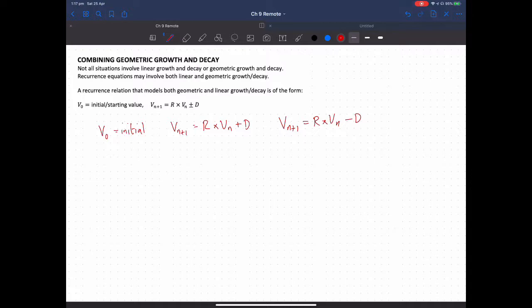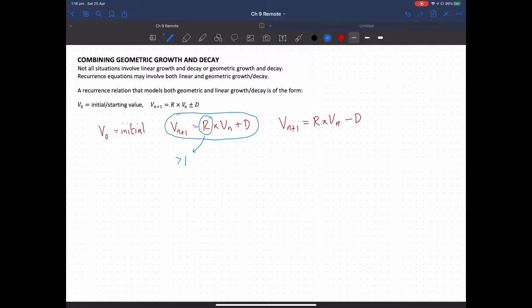Firstly, if we look at the formula Vn plus 1 equals R times Vn plus D. R is what we were using for our geometric growth factor. So we know if R was equal to 1, multiplying anything by 1 doesn't change it. But if R was bigger than 1, we know that that is increasing a value when we multiply by a number bigger than 1.